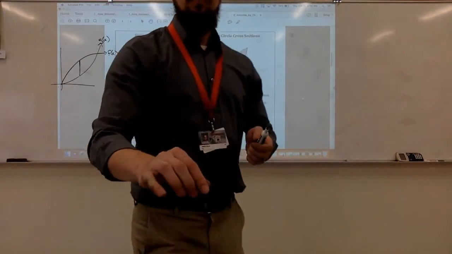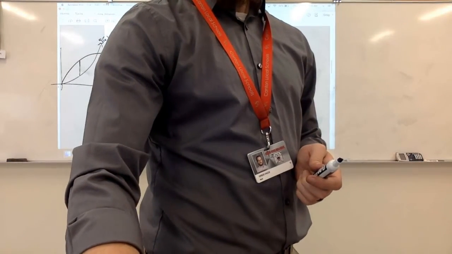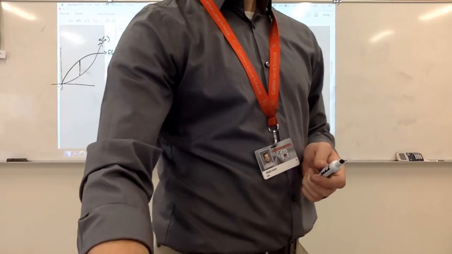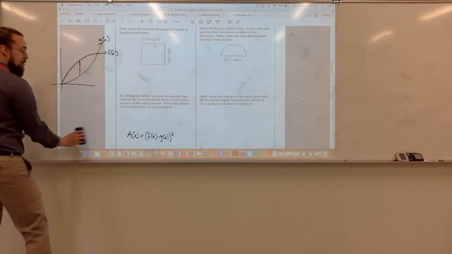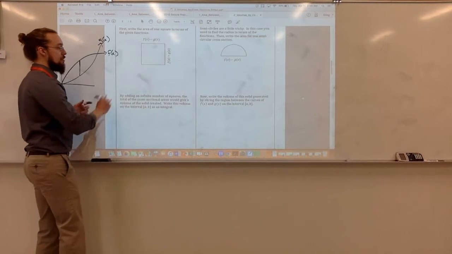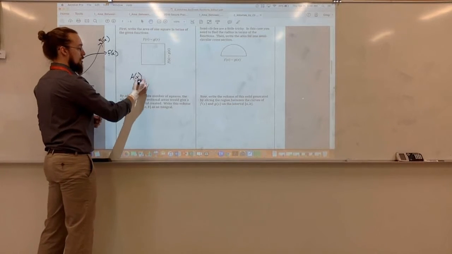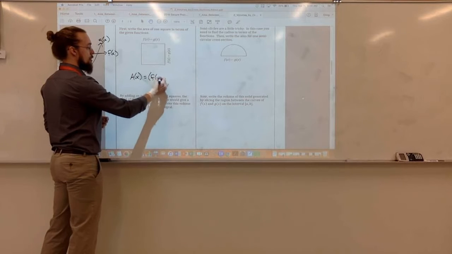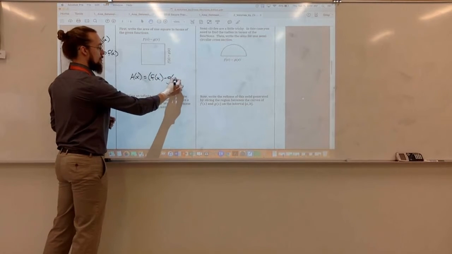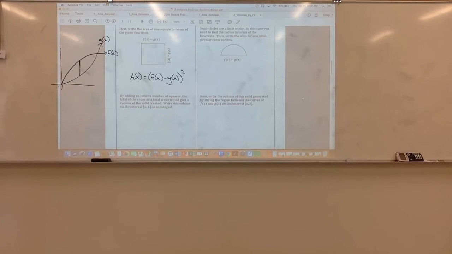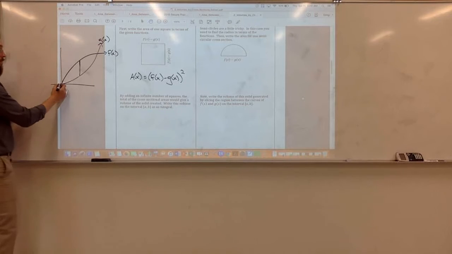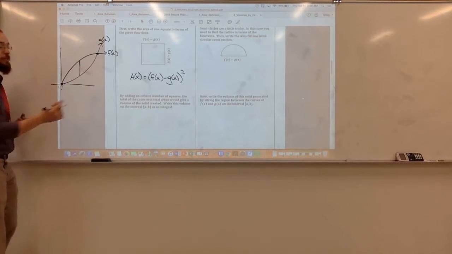Okay. Now, if I want to set up an integral for that, to find the volume of that figure, I'm just going to take this f of x minus g of x squared and integrate that over whatever interval they tell me to. Sometimes, just like we did for area, we would have to find these points of intersection.